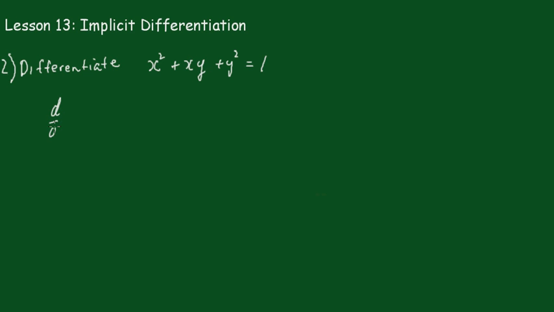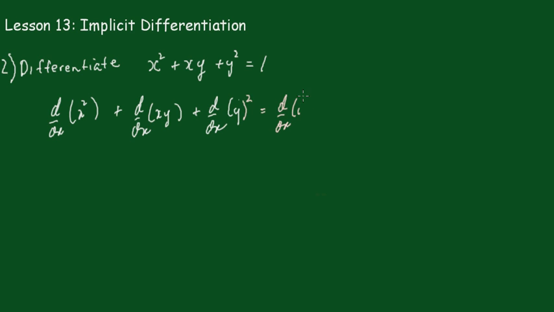We get d/dx of x squared plus d/dx of xy plus d/dx of (y) all squared equals d/dx of 1.